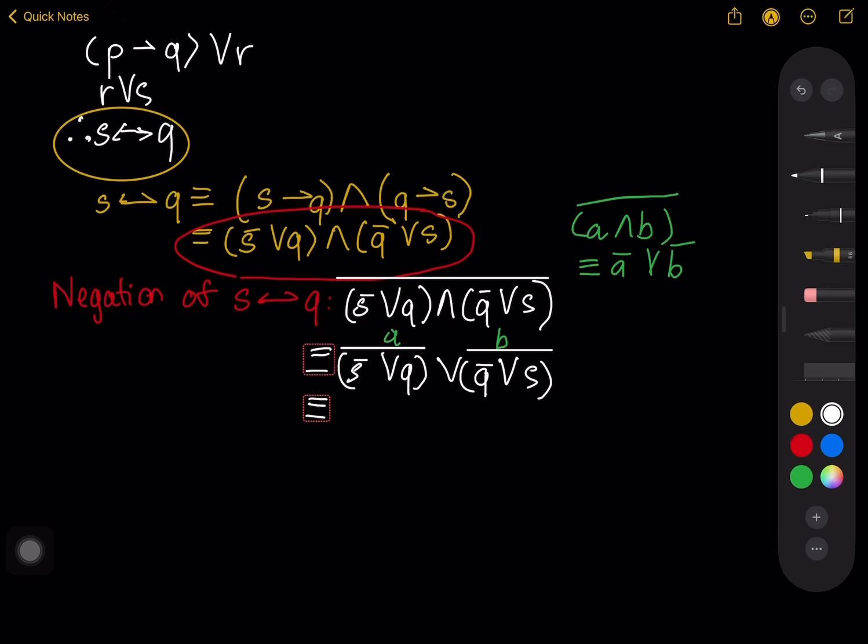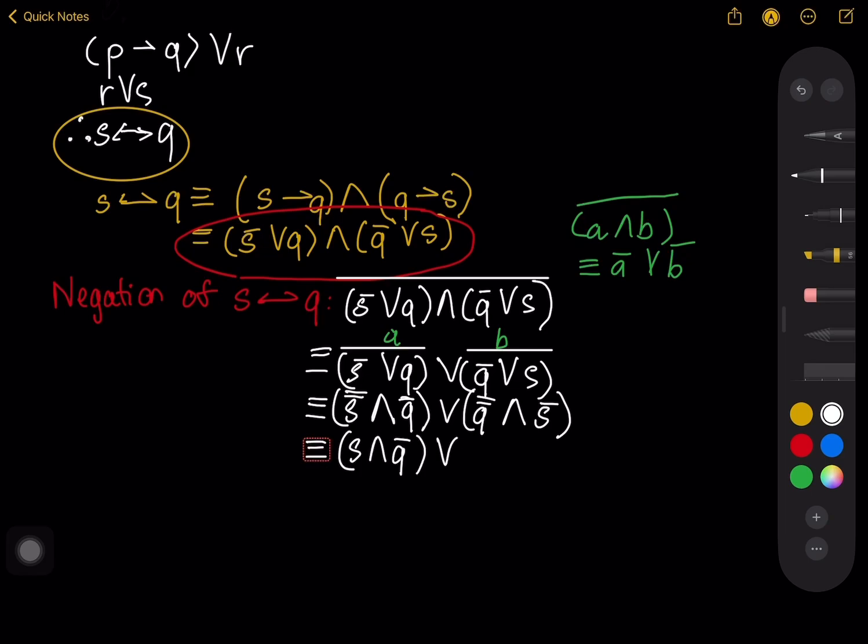Okay, so we have not S and not Q, or not Q and not S. Okay, so not S is just S and not Q, or Q and not S. All right, this is our negation of S if and only if Q, sorry.